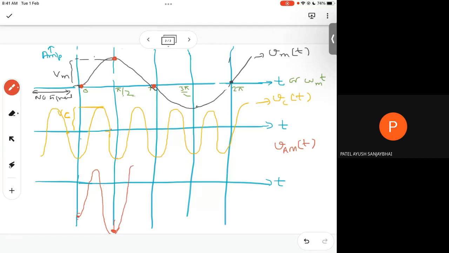I will get, let me plot slightly better. But how to get these values, I will explain to you.